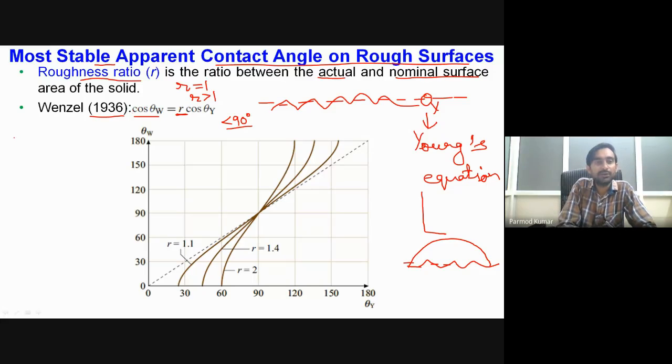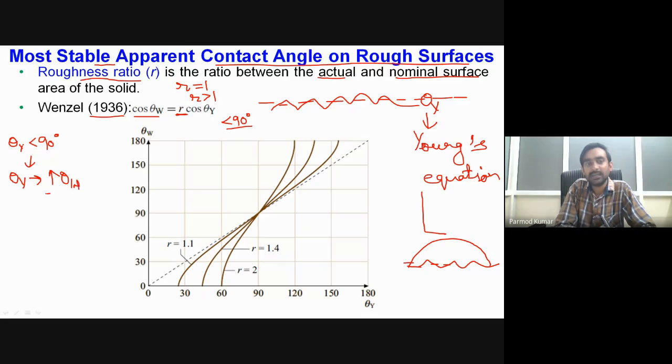So when we have values of theta y less than 90 degree, if we have a rough surface for a given value of theta y, it will give higher value of theta w.